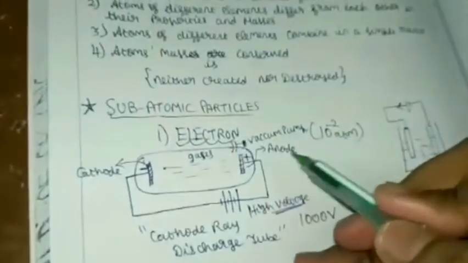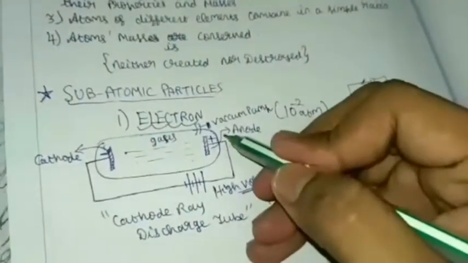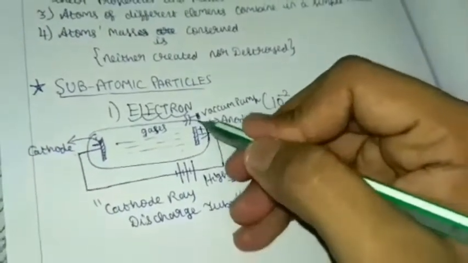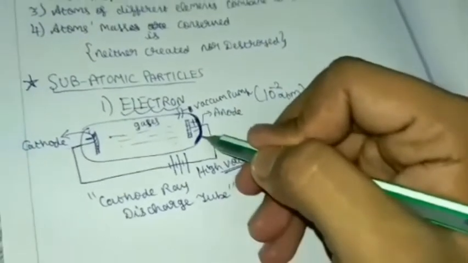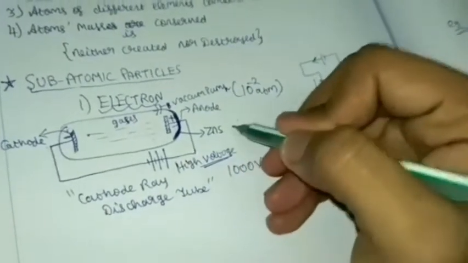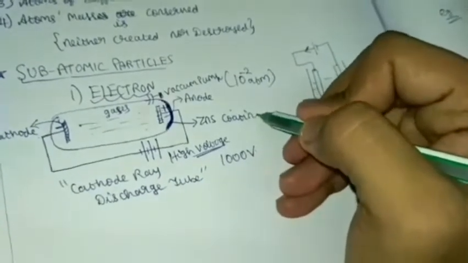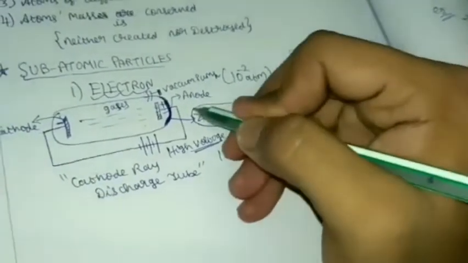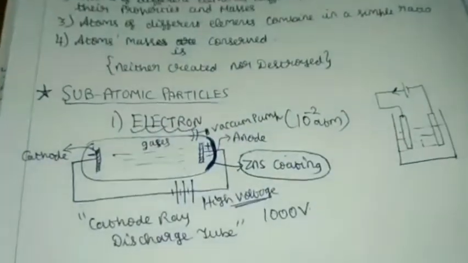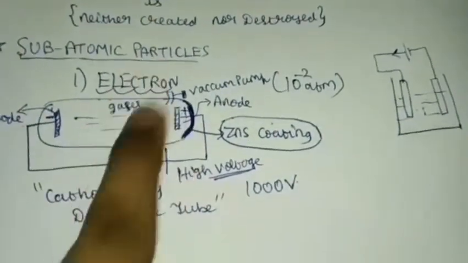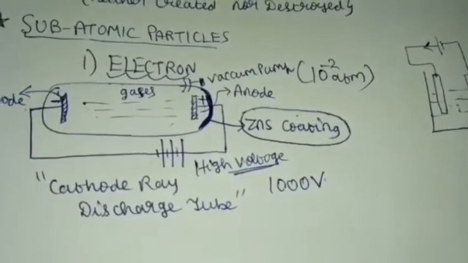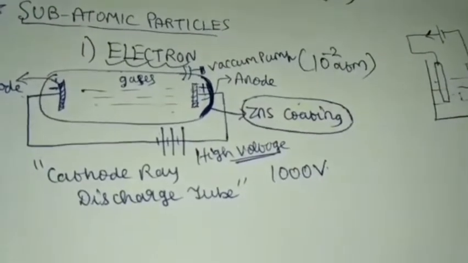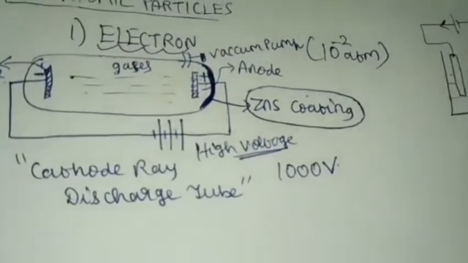Okay, how did they know? The experimental setup is not over yet. Actually, they coat it with a ZnS coating. ZnS is what? Zinc sulfide coating. Why did they coat? Because when these rays strike this coating, a light kind of thing comes, because it's the nature of zinc sulfide.